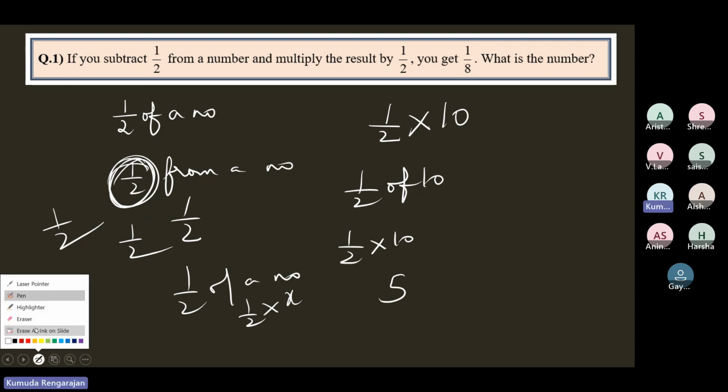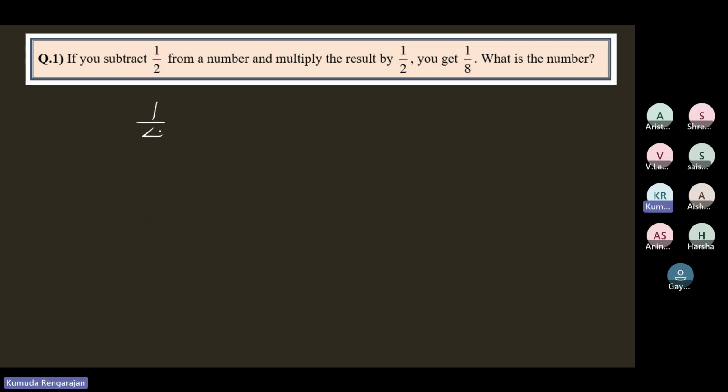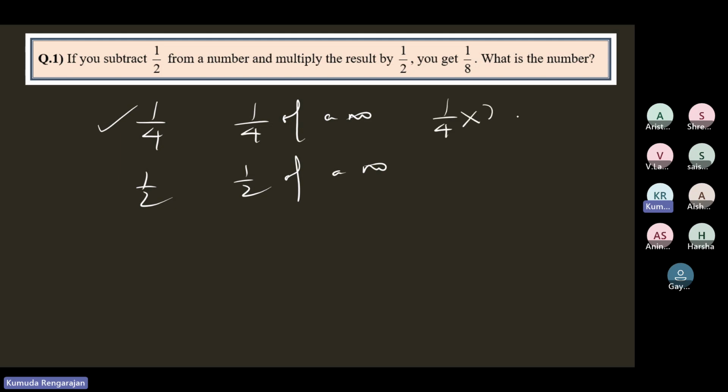Sometimes it will be 1/4 of a number. 1/4 is just 1/4, but 1/4 of a number is not 1/4. It is 1/4 of something. If that number is 100, 1/4 of 100 is 25.